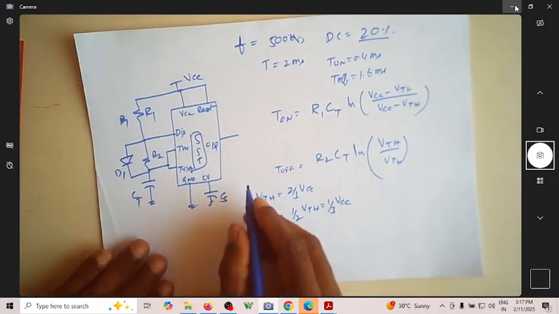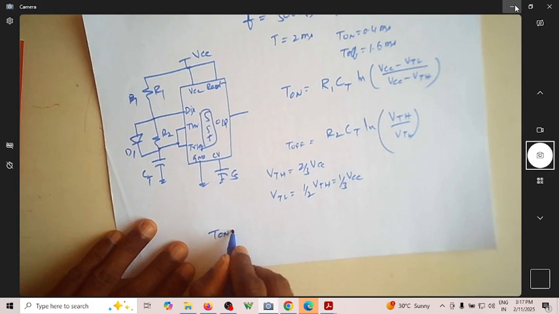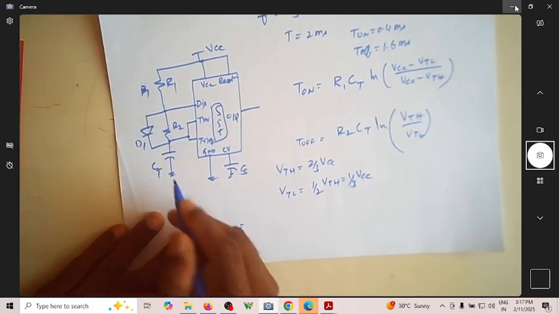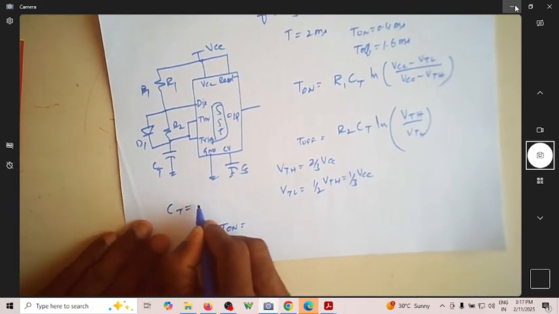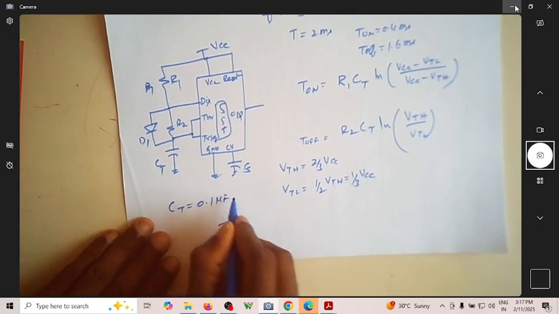Now you can actually find out what is T on, because I need to find what are R1, R2 values and of course the CT value. You can assume CT to be 0.1 microfarad.